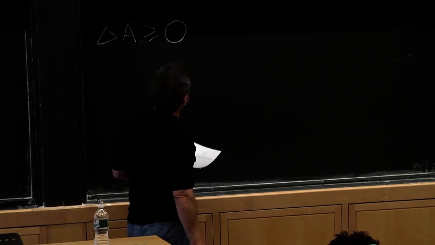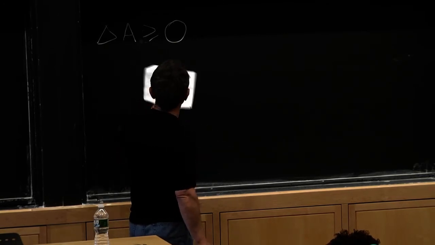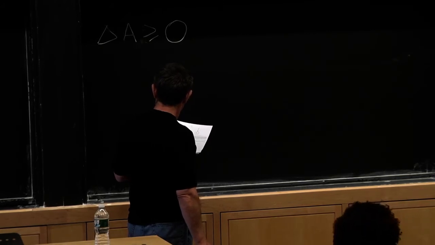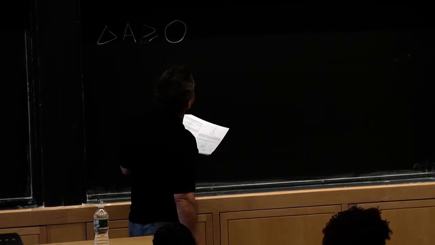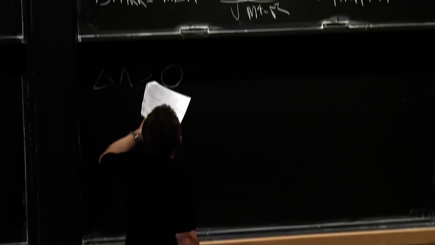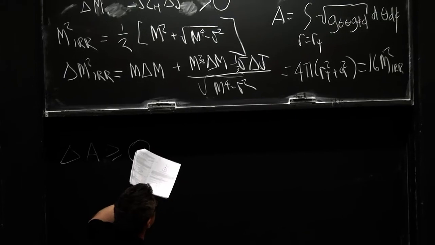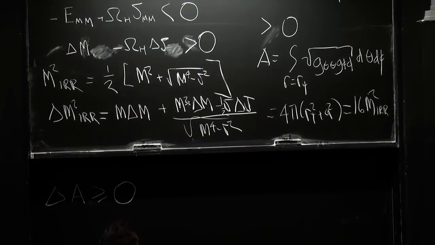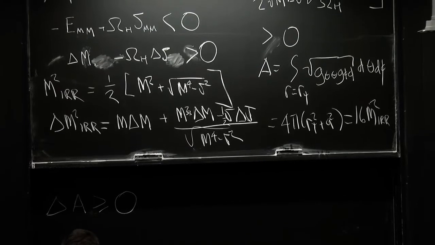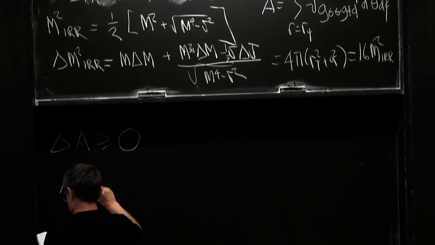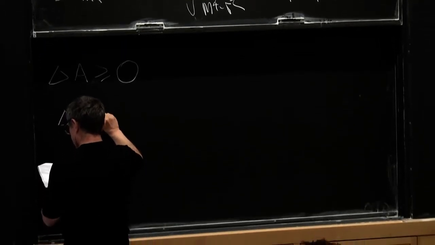This is called the second law of black hole mechanics, but we also have a formula from here which we can recast into a form of the first law of black hole mechanics.